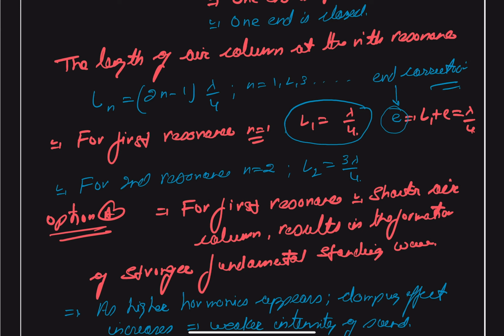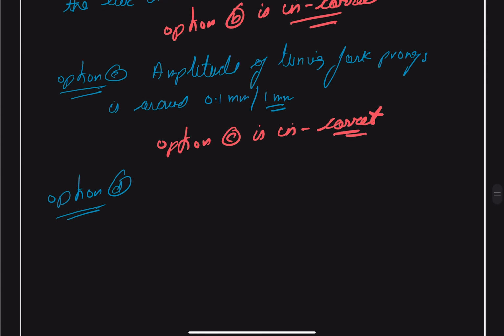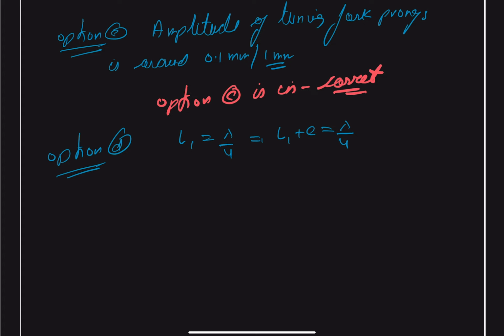Therefore, the actual L1, the physical air column, is slightly shorter than lambda by 4.